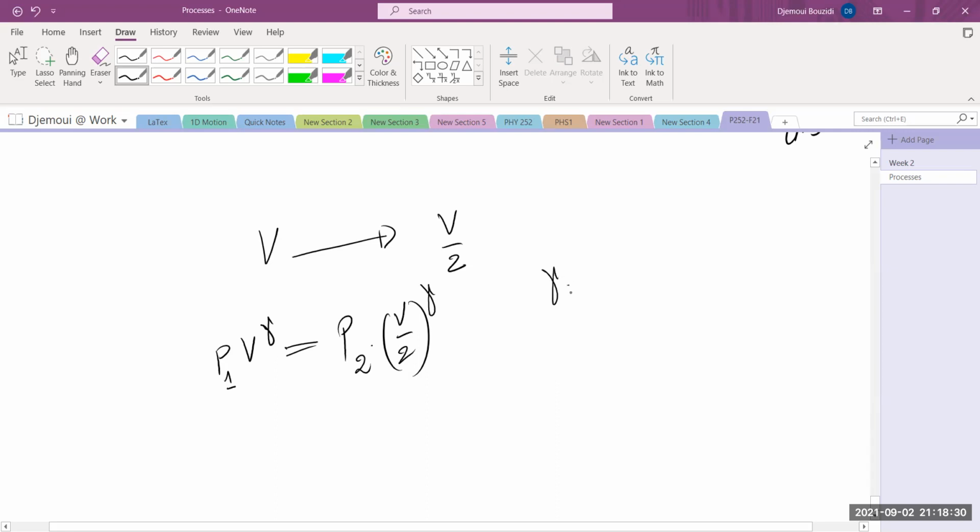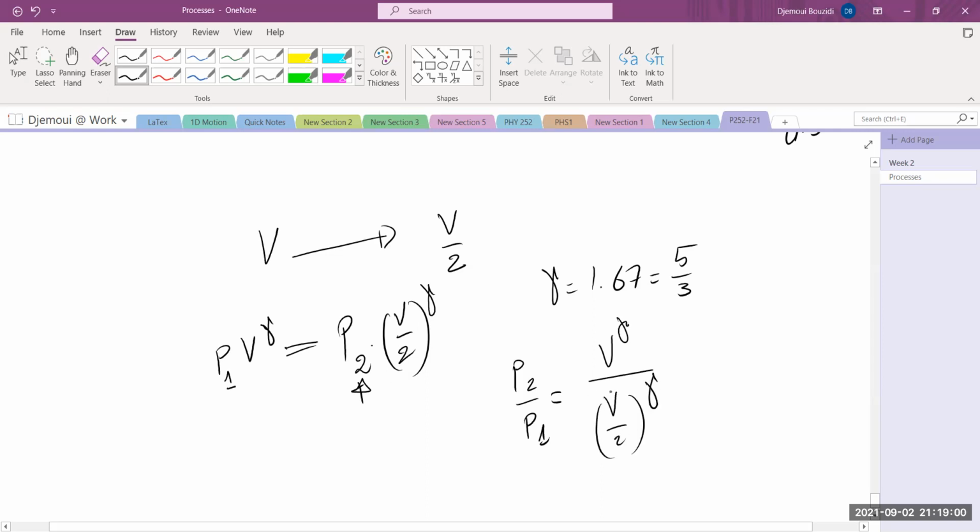Remember, gamma for monoatomic gas is 1.67, or 5 over 3. Okay, so all I have to do is find the final pressure over the initial pressure. So P2 over P1 is going to be, from this expression, V to the power gamma over V over 2 to the power gamma.